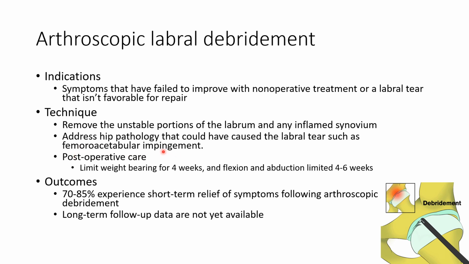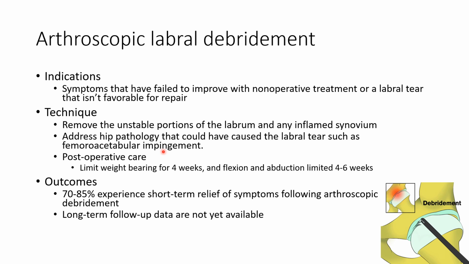That's a whole other talk, but there's cam type and pincer type, and then there's mixed. This is super superficial. Pincer type is where the acetabular cup is too overreaching, and it comes over the femoral head too much.